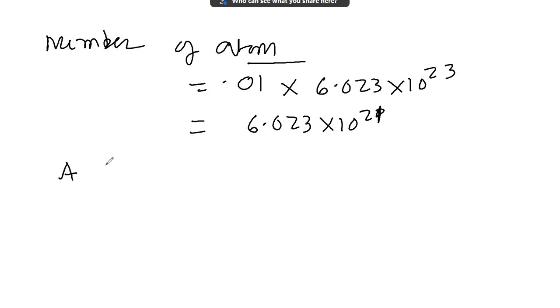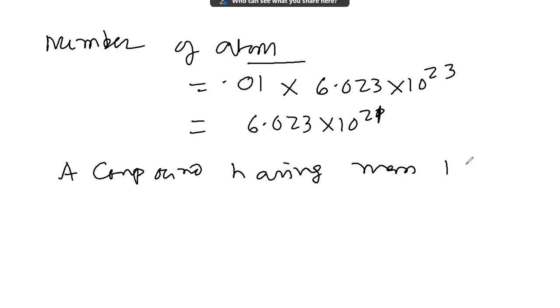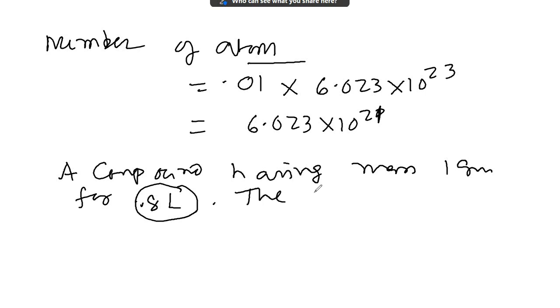In the second question it is given: a compound having mass 1 gram for 0.8 liter. The compound is diatomic.